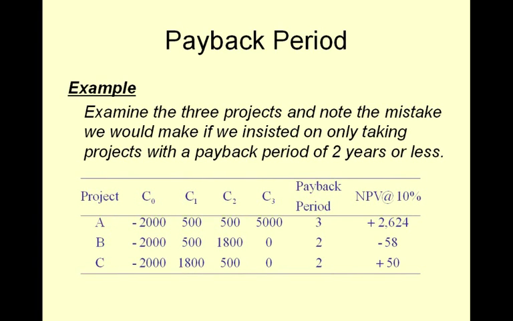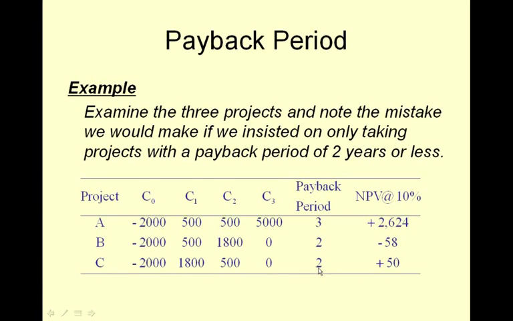Now let's calculate the payback period for these 3 projects. Project A requires 3 years to recoup the initial cash outlay. Project B requires 2 years, and Project C requires 2 years.